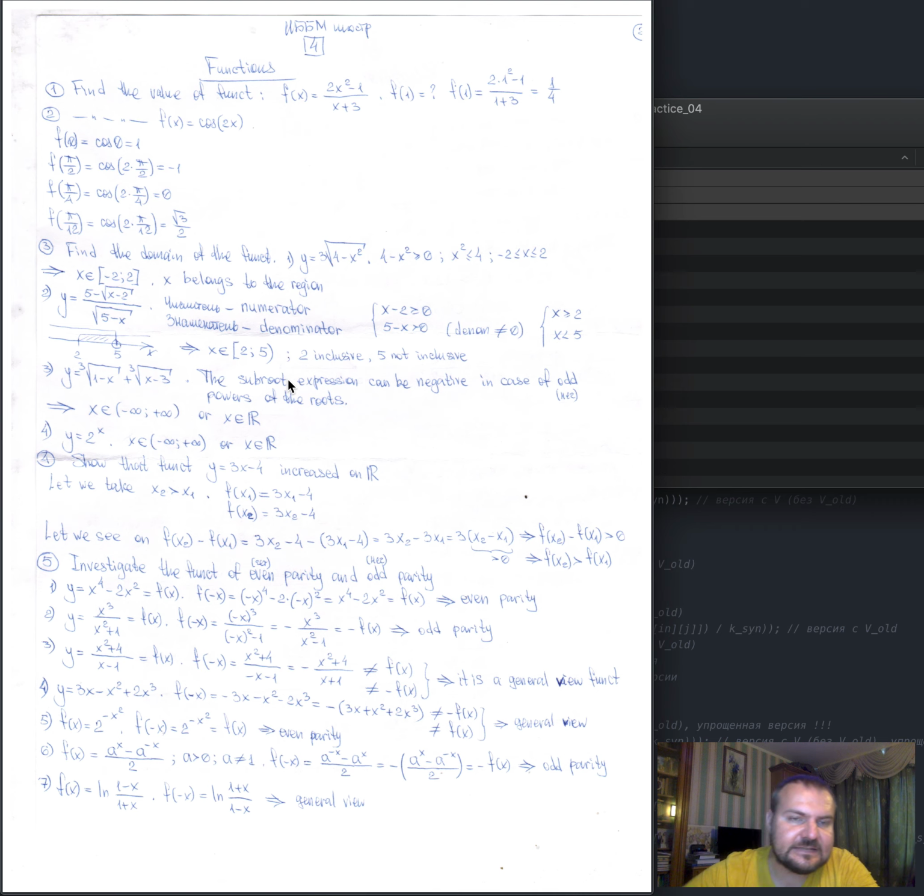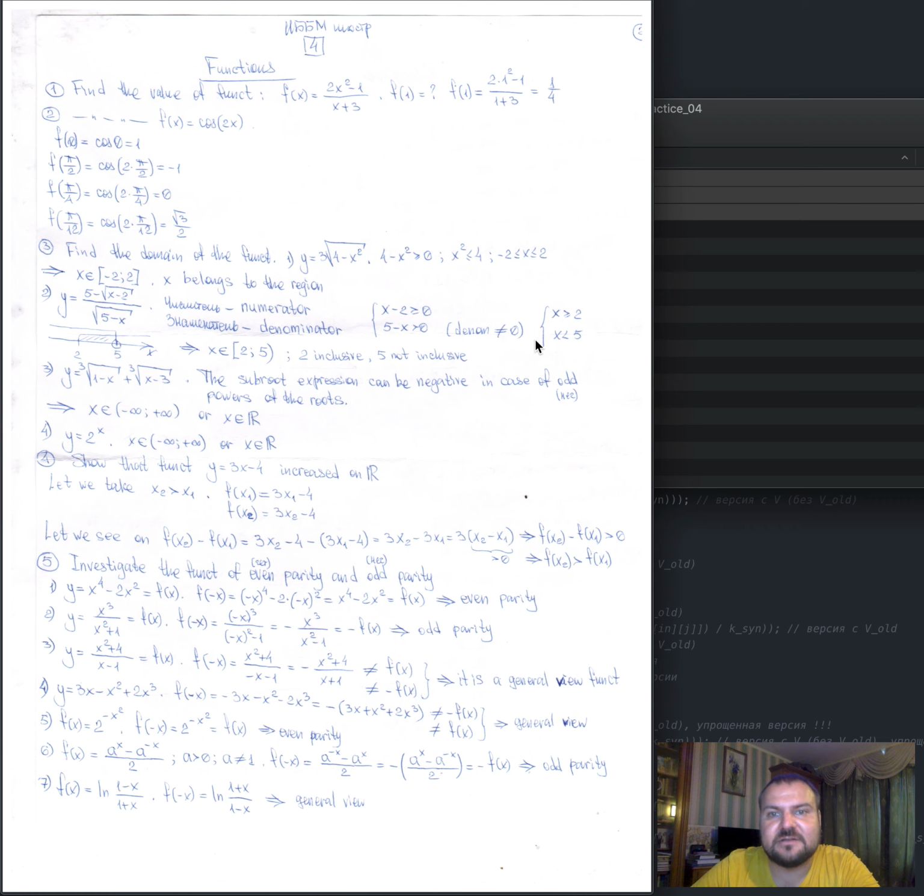In this case, for the numerator, the expression under the root in the numerator needs to be greater than or equal to 0. So we write x minus 2 greater than or equal to 0. For the denominator, the denominator cannot equal 0, so we are not able to write the sign of equal to 0, and the expression under the root needs to be greater than 0.